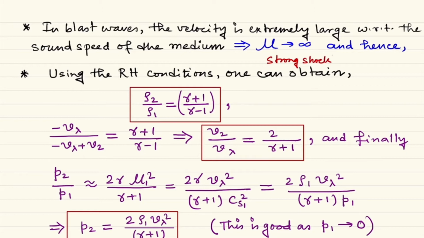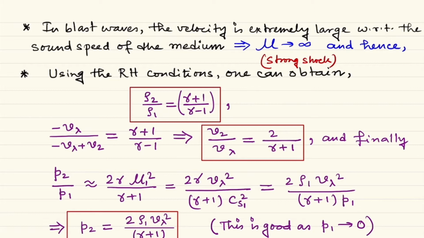Now we can use the Rankine-Hugoniot condition for the strong shock. If you remember, even if the Mach number tends to infinity, the density jump will be simply finite, and it will be given by gamma plus 1 by gamma minus 1, the density jump between the material behind the shock and the material in front of the shock.